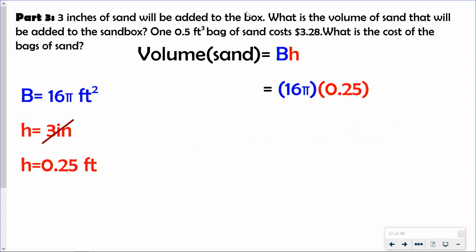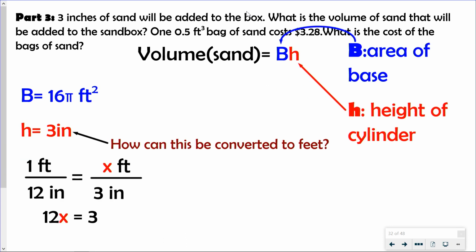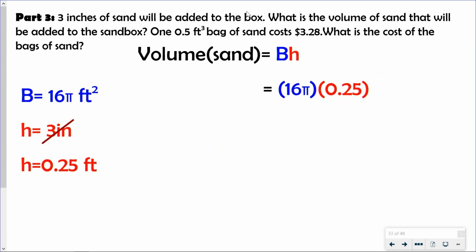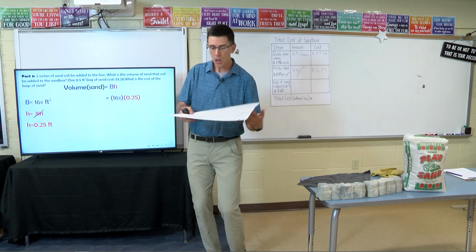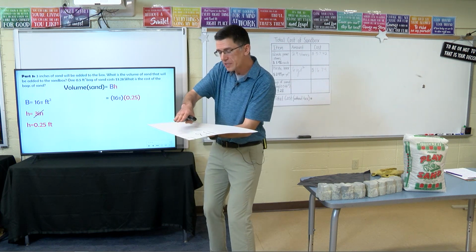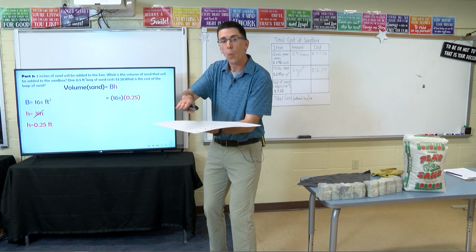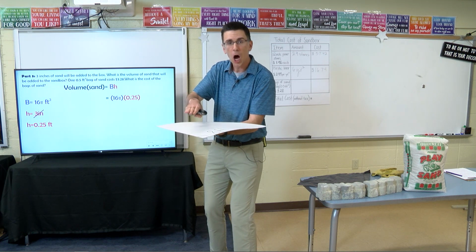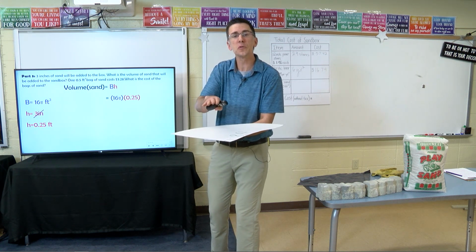Now, when we divide both sides by 12, 3 divided by 12 is 1/4 or 0.25. So the height that we are raising this sandbox is 1/4 of a foot, 0.25 feet.